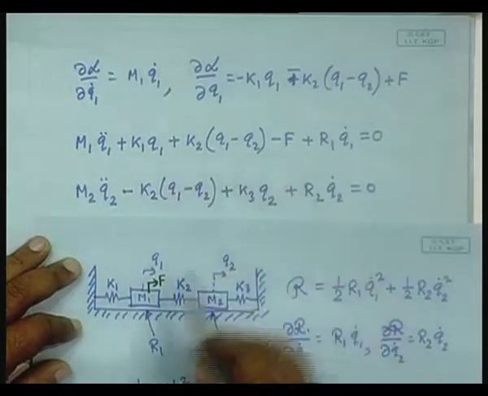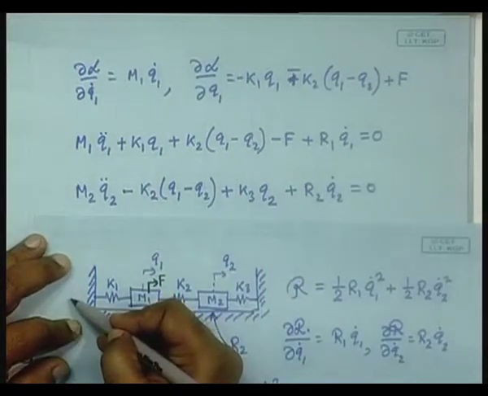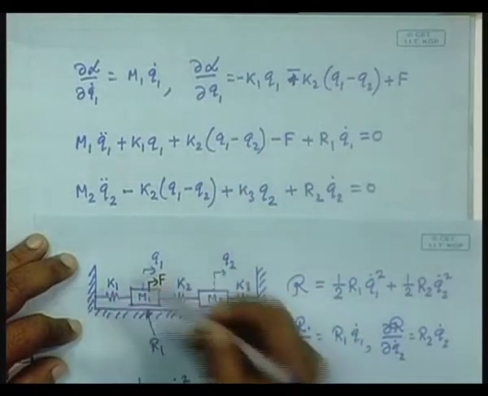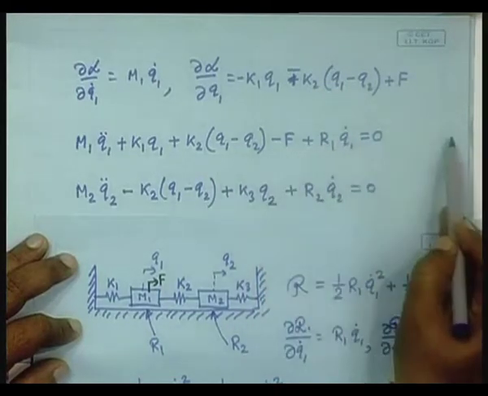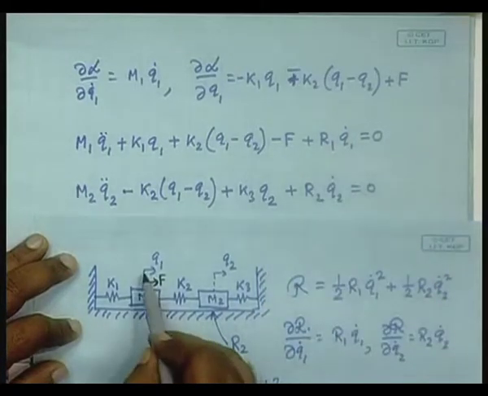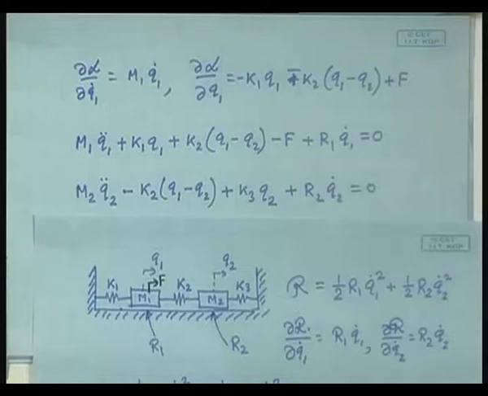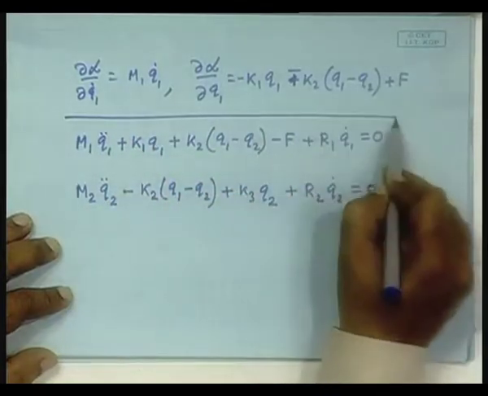Force will have F in this direction, minus K1 Q1 pulling in this direction, K2 (Q1 minus Q2) in that direction, and this fellow. If you bring it to this side, F will be positive and this fellow is negative. So this is acting in the direction opposite to the force, and this is also acting in this direction. So that has got the sense correct. Fine. So these are then the final two equations for these coordinates.